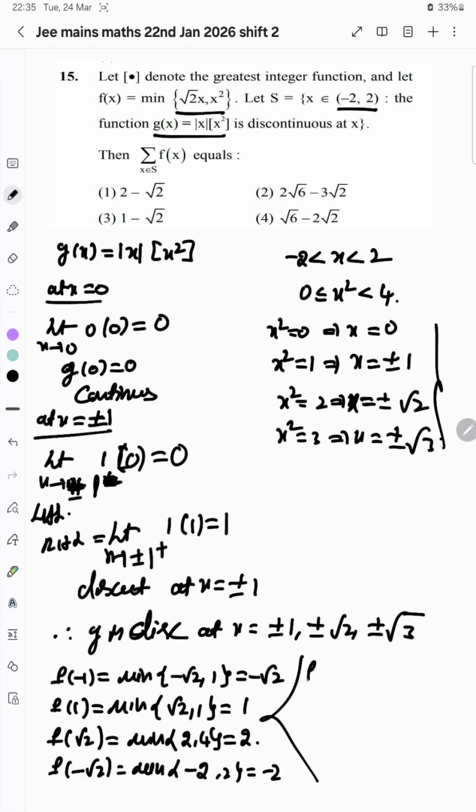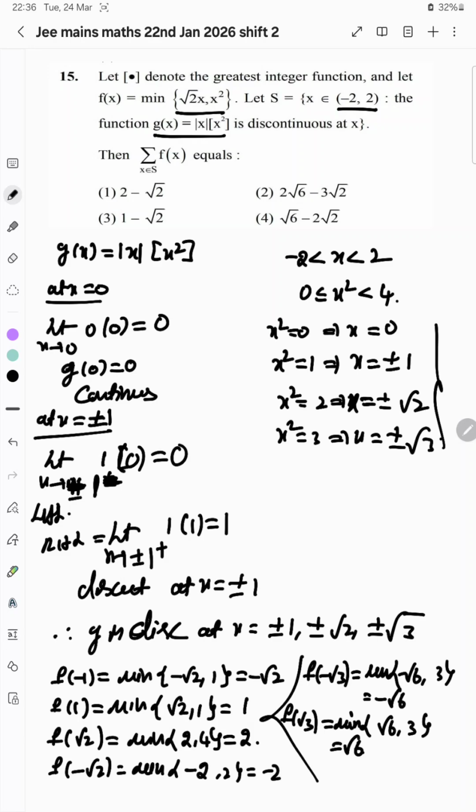Next, f of minus root 3: the minimum of minus root 6 and minus root 3 whole square, which is 3. The minimum of these two is minus root 6. Next, f of root 3: the minimum of root 6 and root 3 whole square, which is 3. Root 6 is 2 point something, so the minimum is root 6.